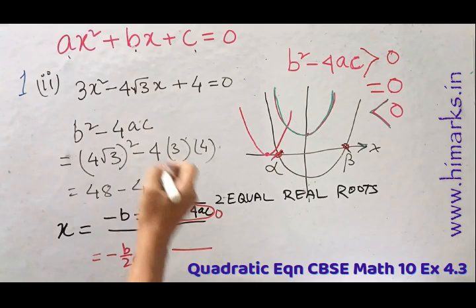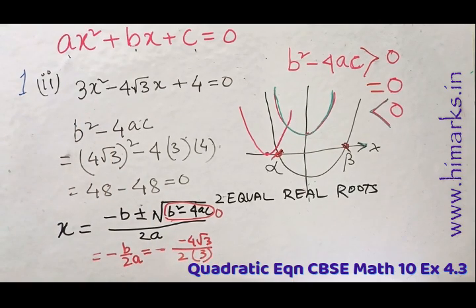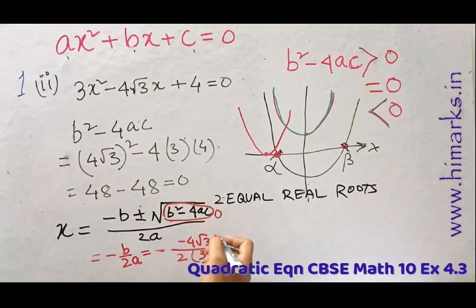So b is minus 4 root 3, and 2 into a, where a is 3 here. From here, minus and minus will become plus, so we will not write anything here. So the numerator is 4 root 3 and the denominator is 2 into 3.